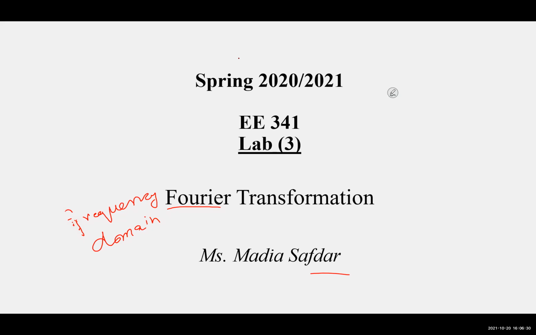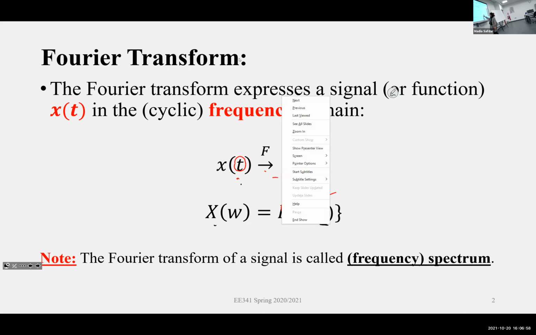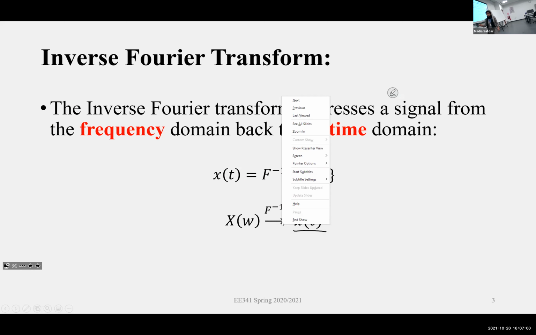In the time domain, the function is represented by t, and in the frequency domain, it is represented by omega. When you take the Fourier transform of a time domain signal, you get X of omega, the frequency domain signal. X of omega is the Fourier transform of the time domain signal.